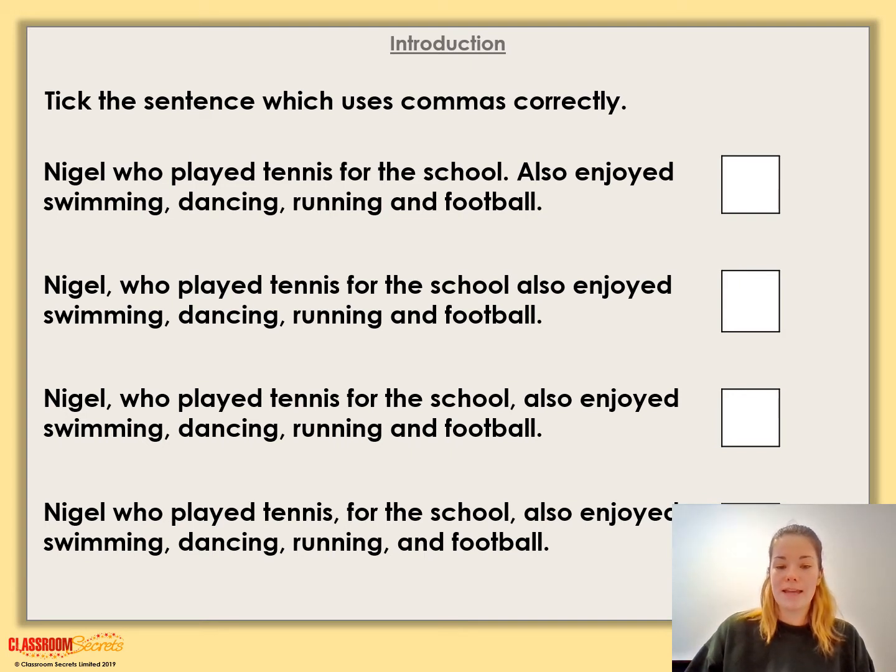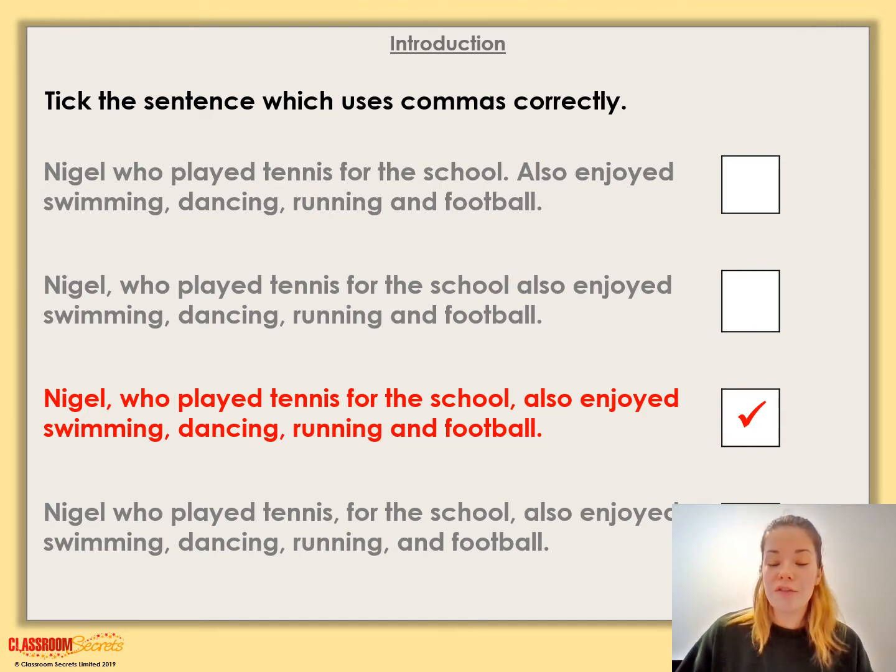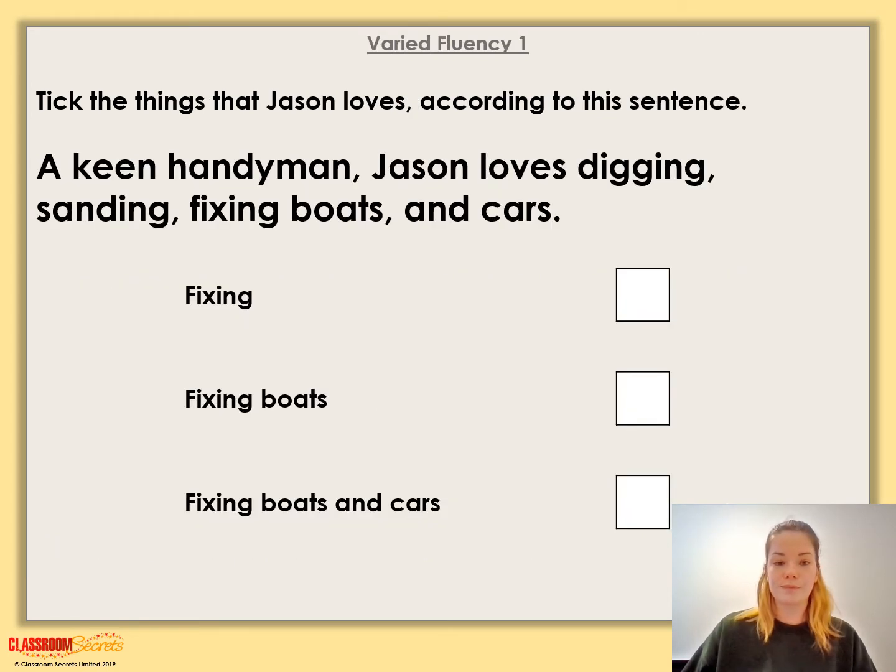A, B, C, or D? We should have identified that it was sentence C which uses the commas correctly. A relative clause has been used in this sentence, who played tennis for the school. And remember, when our relative clause is embedded, we need a piece of punctuation either side of that relative clause.